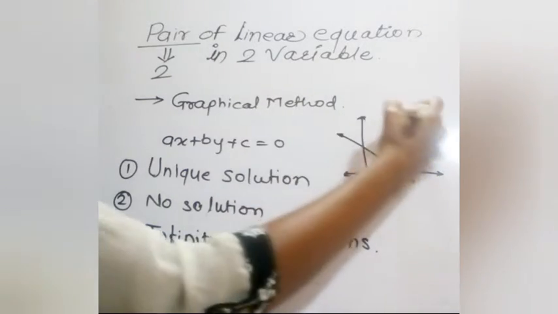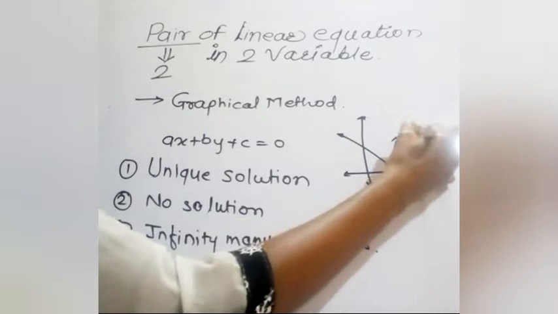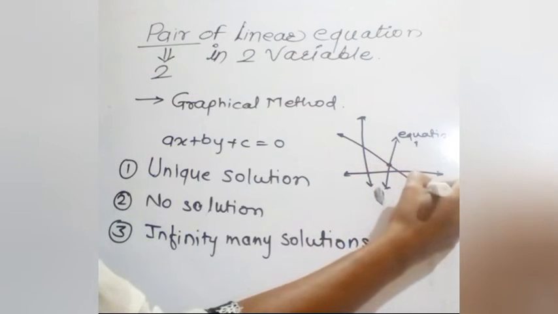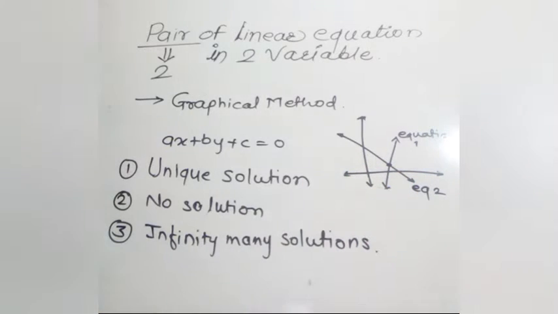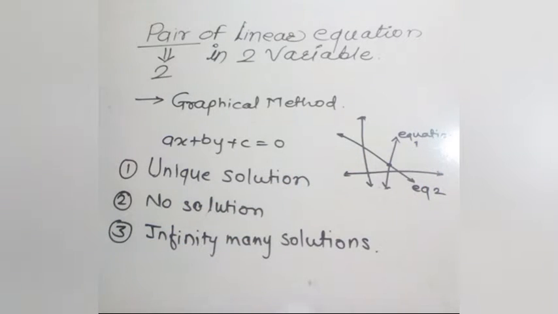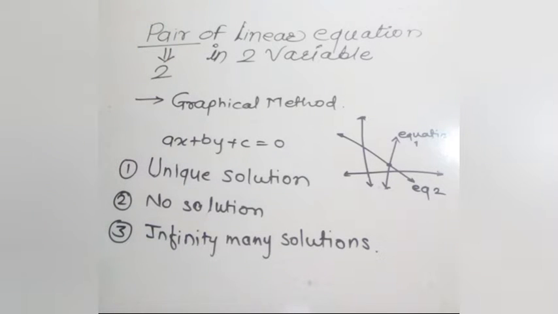Suppose this is the equation 1 line and this is the equation 2 line. If the two lines intersect each other, then we get a unique solution for that pair of linear equations.